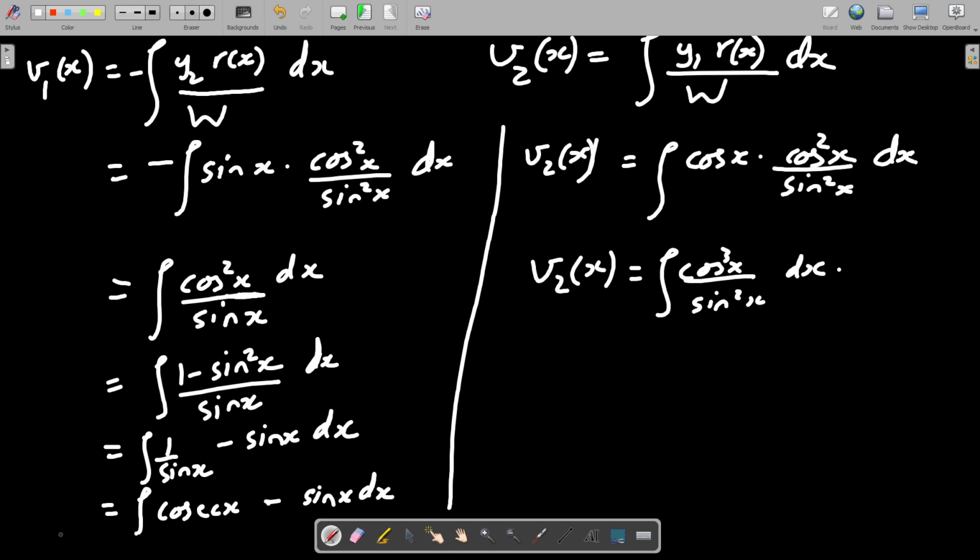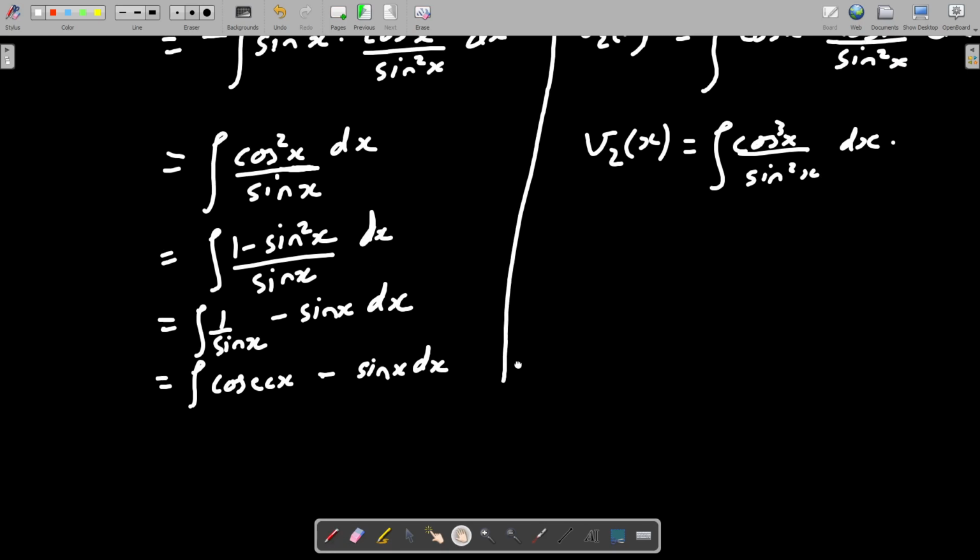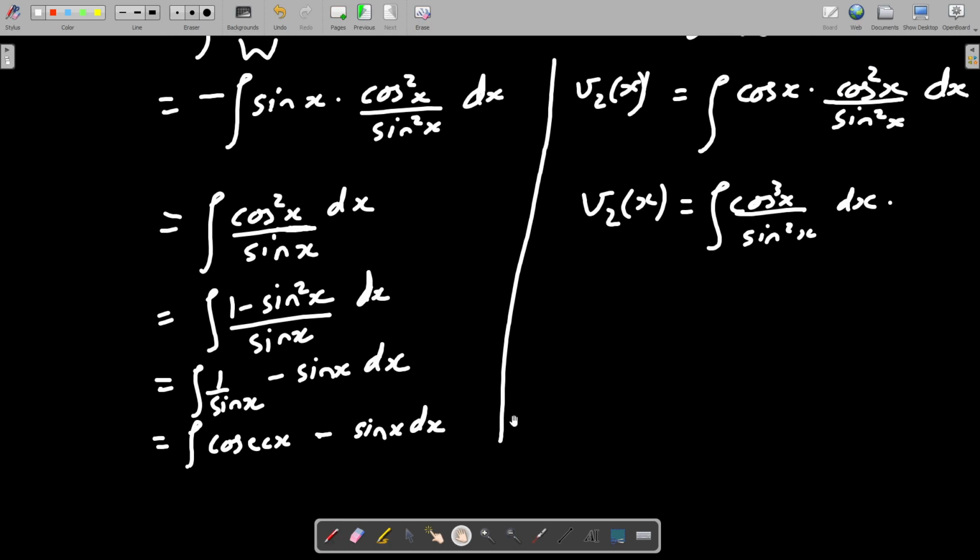Okay, integrate this one. What is the integral of cosec x? Minus sign is there, yeah. Cosec x, cot x, if I'm not wrong, just check. No, it's ln of cot x something.